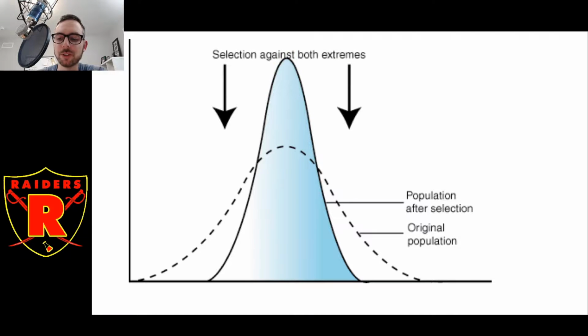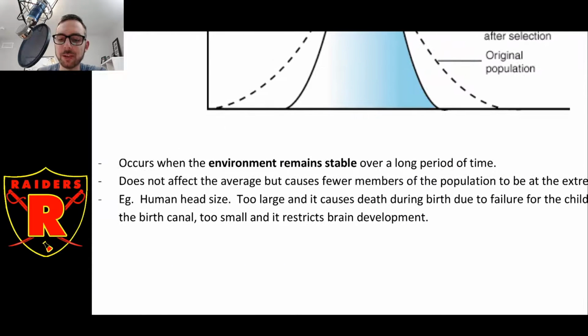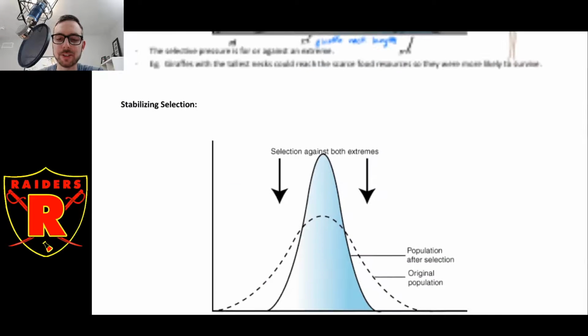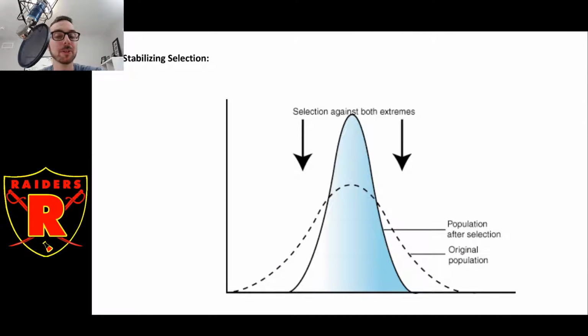And in general, if you have a really stable environment over time, your environment isn't changing, what you end up seeing is that most traits for a particular species will have stabilizing selection act on them, because the environment's not changing, so they're already adapted to their environment. So the average of that population is always moving towards the same point.